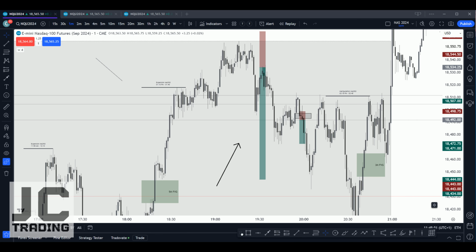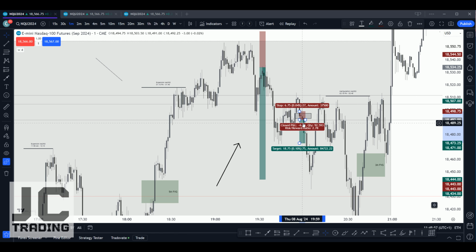So once you've entered, you need to make sure that between where you've entered and where your pool of liquidity is, there is a minimum of a 1 to 1R trade. This at the moment is a 1 to 2.78R trade. So that's fine, it passes. We've had a sweep, we've had the inversion, and now we've got a 1 to 2.8 trade, and that meets the rules.